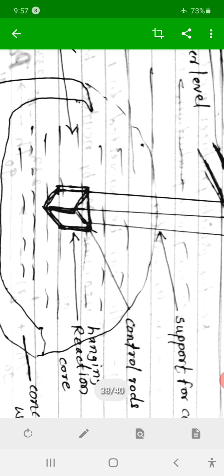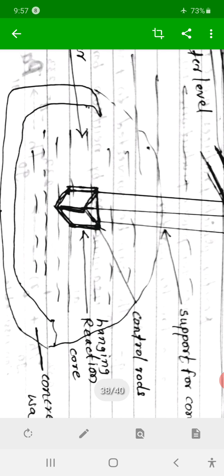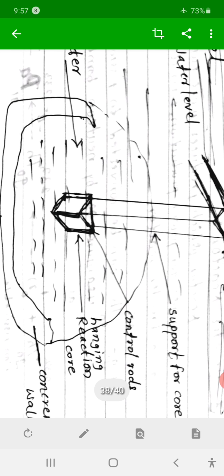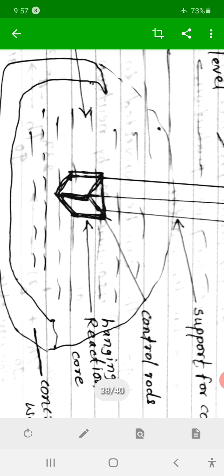When the core is outside the well, the reaction will be fast. Inside the well of control material, boron and cadmium, if the core goes deep inside, then neutrons will be absorbed and the reaction slows down.